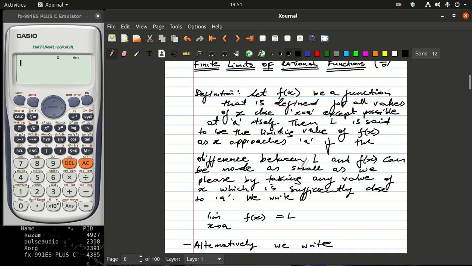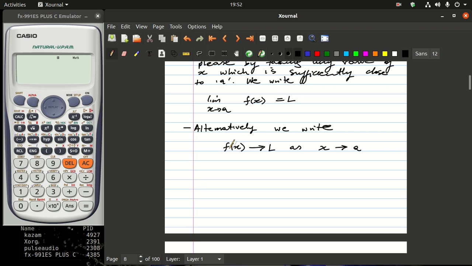But to write this whole thing, we just say the limit as x approaches a of f of x is equal to L. Or alternatively, we can say that L is the limiting value of f of x as x approaches a, meaning that this is the limit under the assumption that I can pick a value so close to a such that the difference between L and f of x is so small that the computer cannot pick it up.